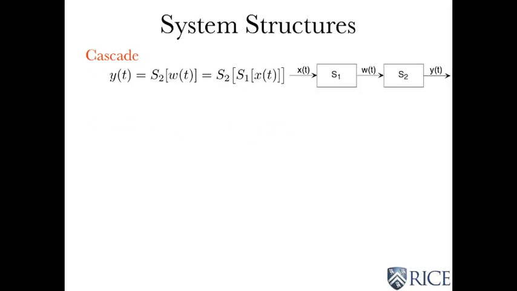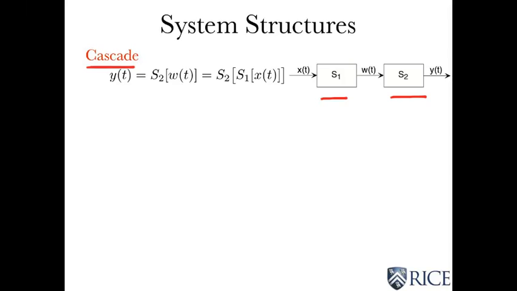Let's put them together. So let's talk about some simple structures. Perhaps the simplest is called the cascade structure. Essentially, all it has is one system after another. We've already seen this in the fundamental model of communication. It is a cascade of several systems, in fact 5 of them.